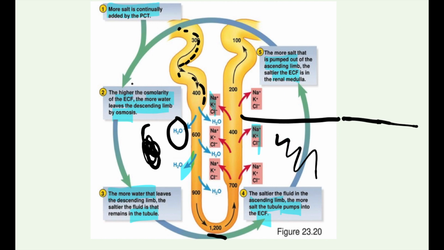Now, as we go up to the distal convoluted tubule, the tubular fluid becomes more diluted, since the ascending limb is more permeable to solutes, letting the solutes go out, but impermeable to water, leaving water going up to the distal convoluted tubule.